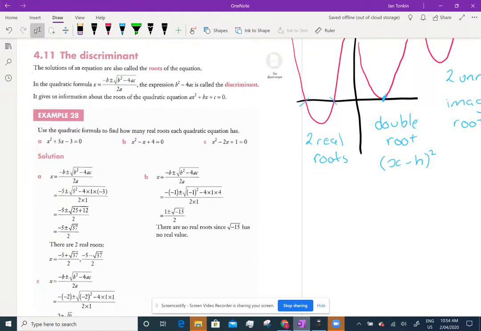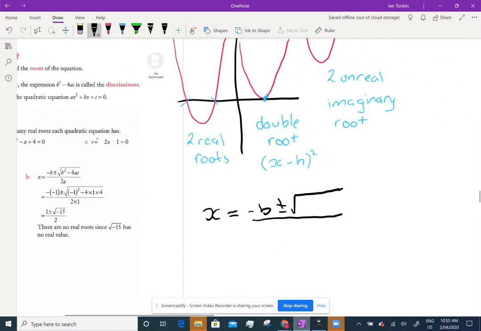So how does the quadratic equation tell us this? Well, let's just look at the quadratic formula. x, the solution to any quadratic, equals negative b plus or minus the square root of b squared minus 4ac, all over 2a.